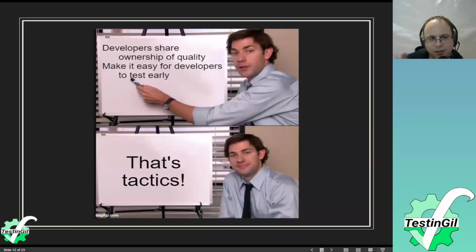So the first one is about mindset. Ownership is something that we can't really teach, but we can see it's there, and we will be able to see that it's growing based on the quality that's going to be raised by what they are producing. The second one is a lot more technical.